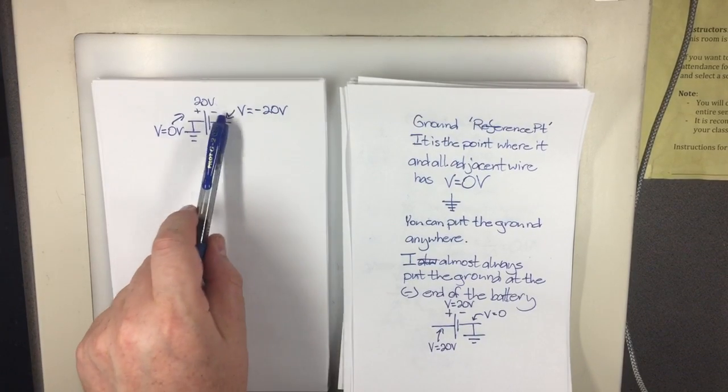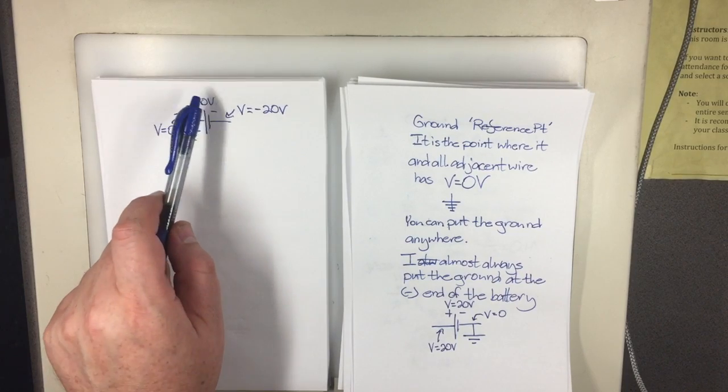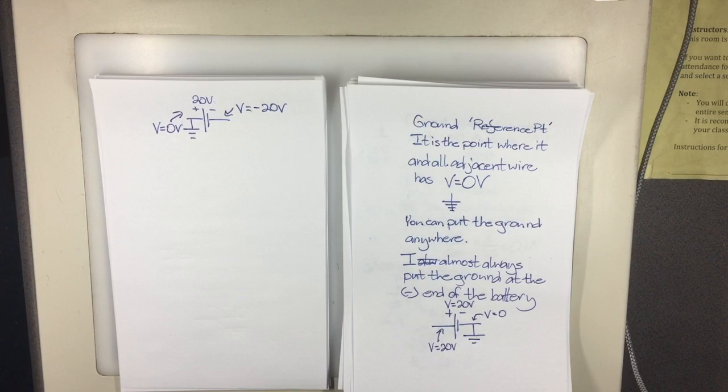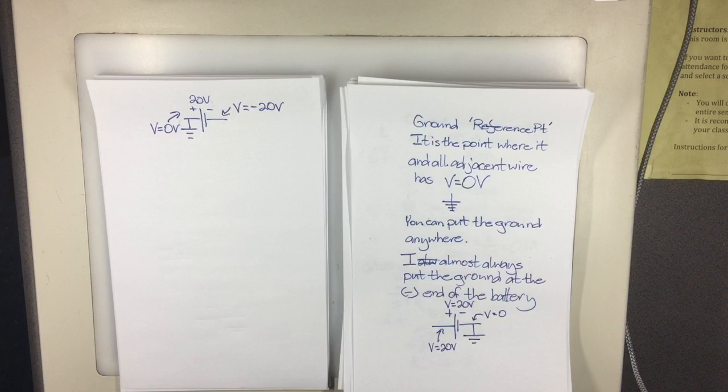Because when you go from negative to positive, you're increasing your potential, and in order to increase 20 volts and reach 0 volts, you have to be at negative 20. And if you go from positive to negative end on a battery, you're going down 20 volts, which means if you start at 0 and you go down 20 volts, then you end up at negative 20. It's like saying the origin was the floor or the origin was the ceiling. If the origin is the floor and we go to the ceiling, we're at 20. If we set the origin at the ceiling and we come down, we're now at negative 20. So it's all about reference.